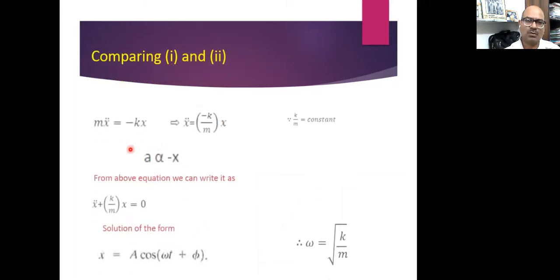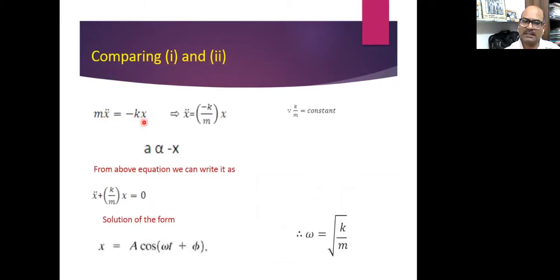If we compare these two, m x double dot is equal to minus kx, and we get that acceleration is equal to minus k by m times x, where k by m is a constant and acceleration is proportional to displacement. That is the primary condition of our discussion for SHM. So we have x double dot plus k by m x is equal to 0, and the solution is of the form x is equal to A cos(omega t plus phi), where omega is the square root of k by m.